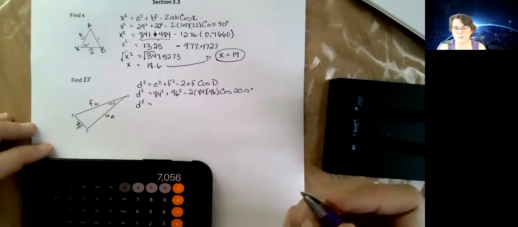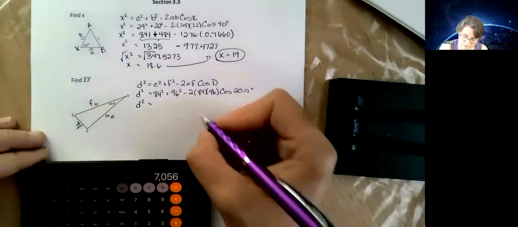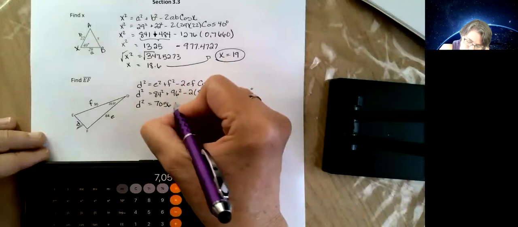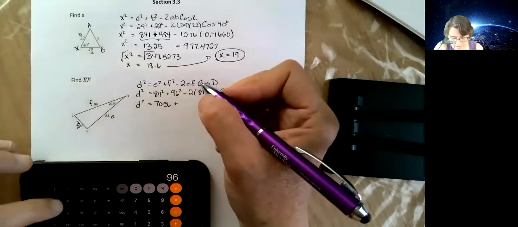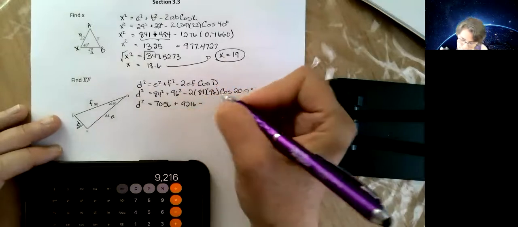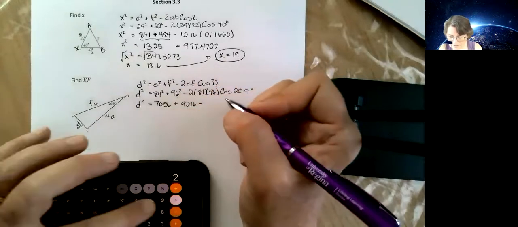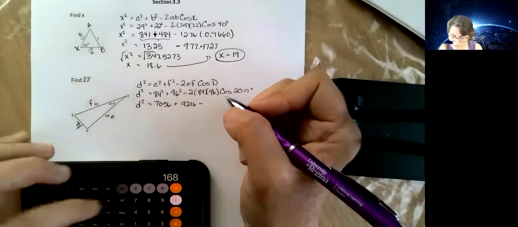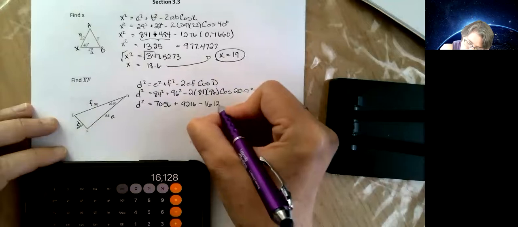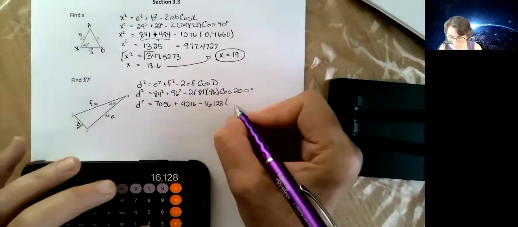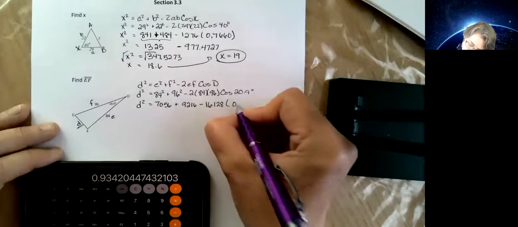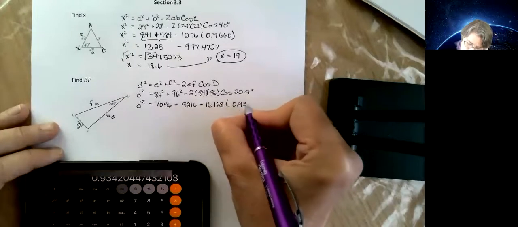Yeah, you can do 84 times 84, but I might as well use a button on my calculator. 7056 plus 96 squared, 9216, minus 2 times 84 times 96, 16,128, and then 20.9 goes 0.9342.